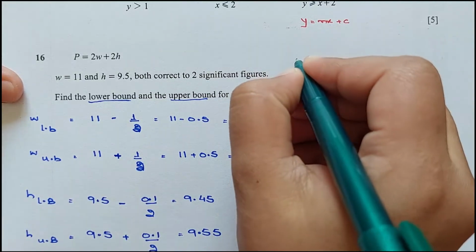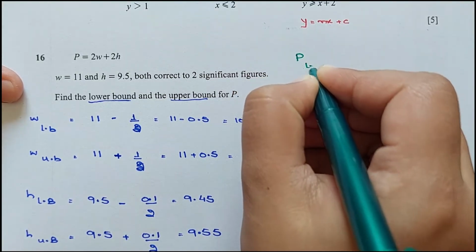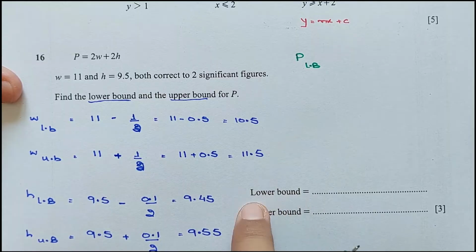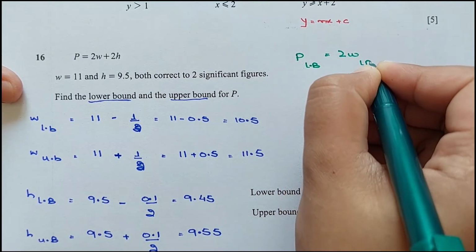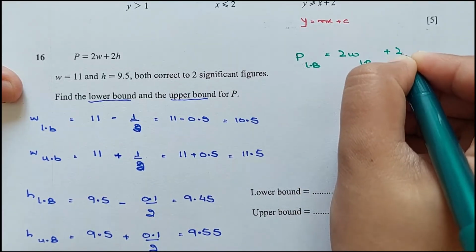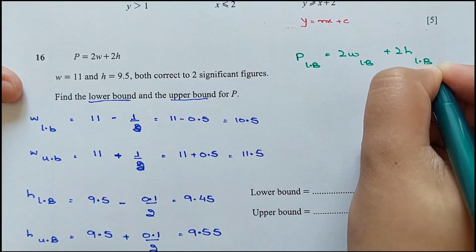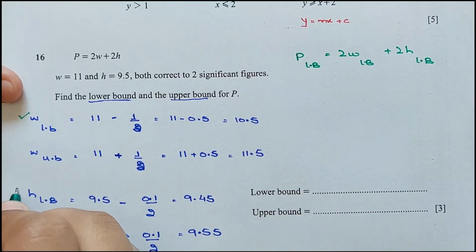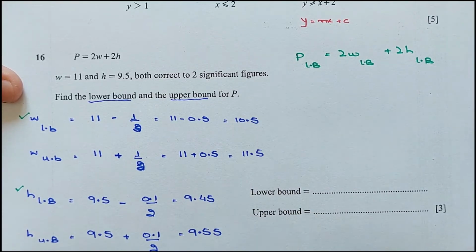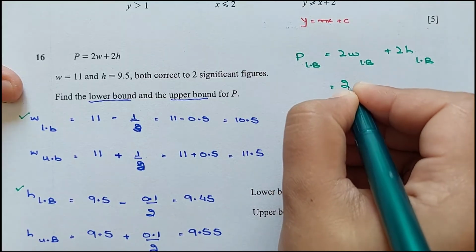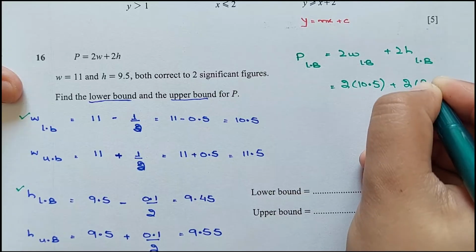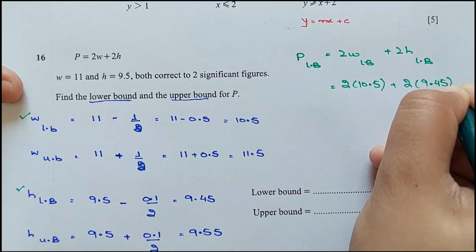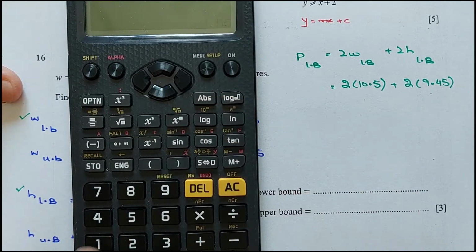Now we have to find P, the lower bound, because first we have to solve for the lower bounds. P lower bound means 2W lower bound plus 2H lower bound. So what are the lower bounds? W lower bound and H lower bound is 10.5 and 9.45. So 2 into 10.5 plus 2 into 9.45.